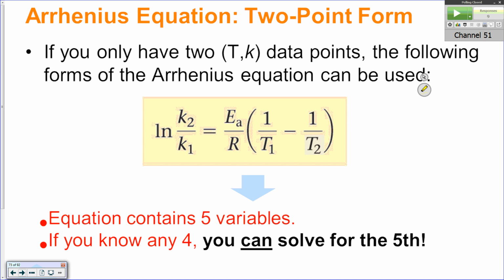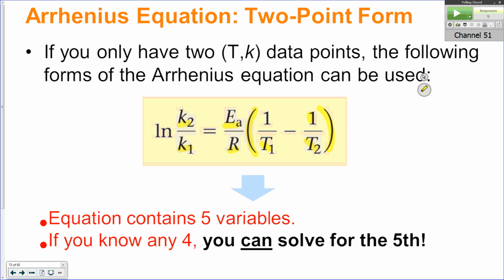So the 2-point form of the Arrhenius equation says that the natural log ratio of K2 divided by K1 is equal to the activation energy divided by the gas constant R times the inverse of T1 less the inverse of T2, close parentheses.